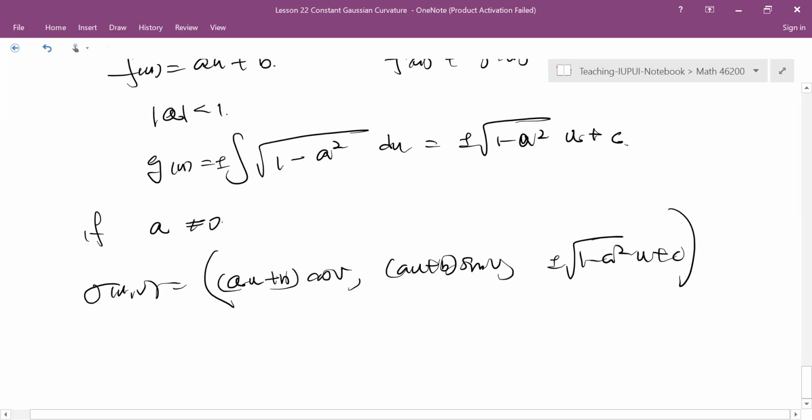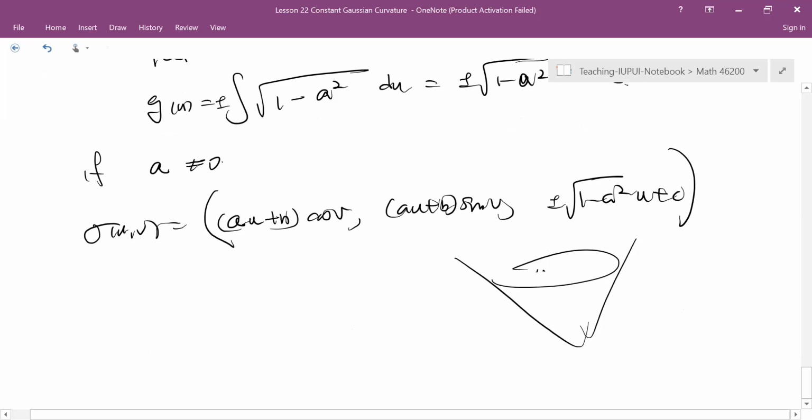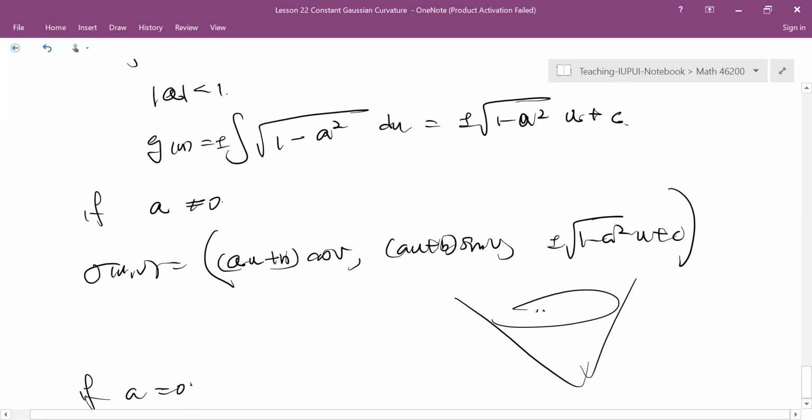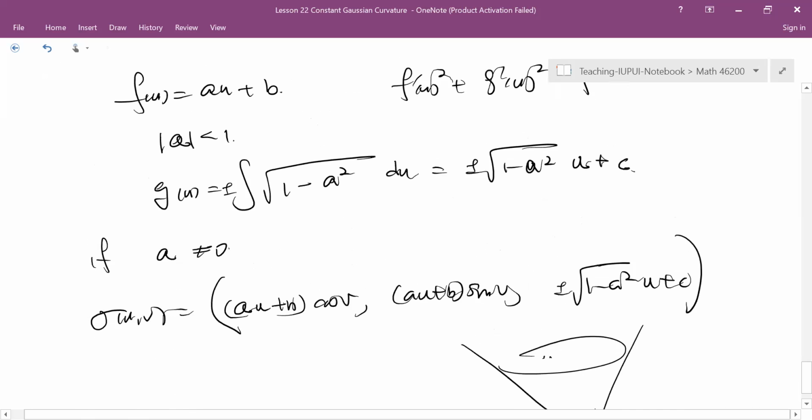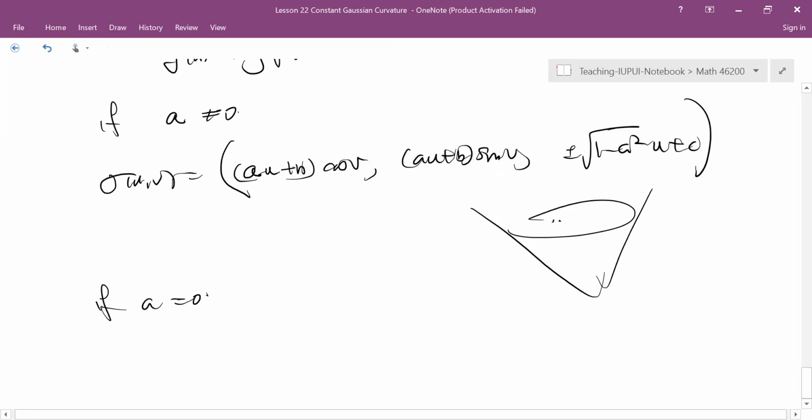Okay, and actually this looks like a cone. Okay. It looks like a cone type. Now if a is 0, then this is a cylinder, the special one, a circular cylinder.